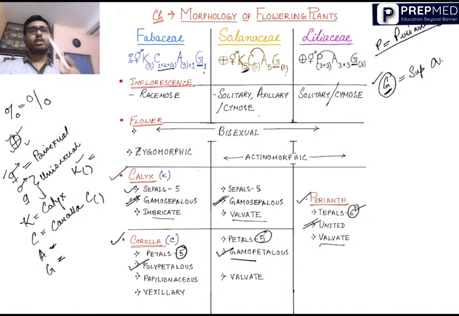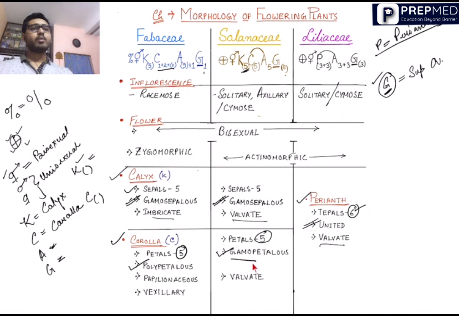Solanaceae will be the same, superior ovary, but it will be 2. For Liliaceae, it will be 3. That's all. For flower, it's bisexual for all of them, zygomorphic, actinomorphic, multiples of 5. Gamosepalous, multiples of 5. This one is an important feature, 1 plus 2 plus 2. Don't forget it. For Fabaceae, it's a very unique feature.